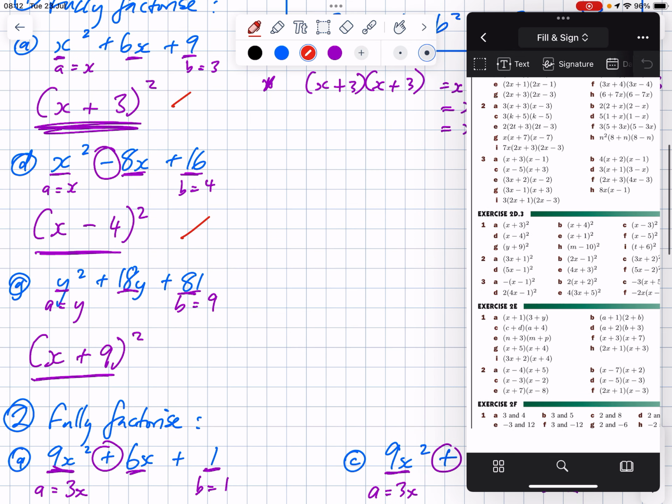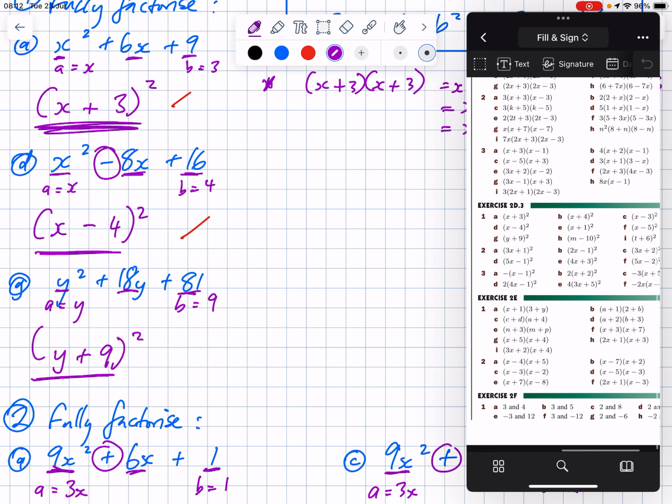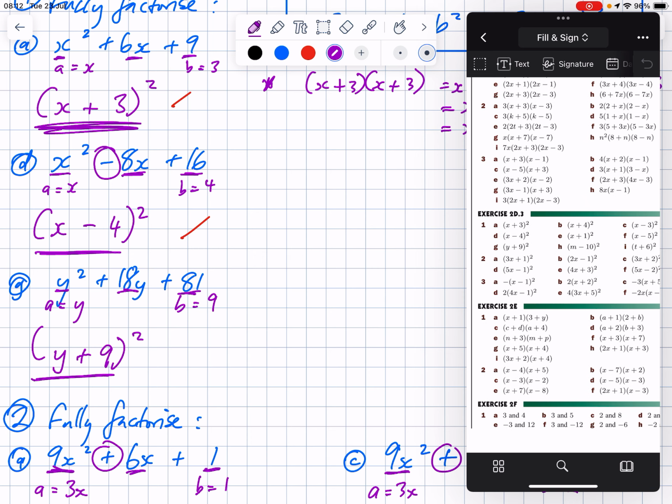G, x plus 9, no, not x. It's a mistake there. We were talking about y's here. So it should be a was y, so it's y plus 9 squared, which is correct according to the solutions here. So I fixed that now.